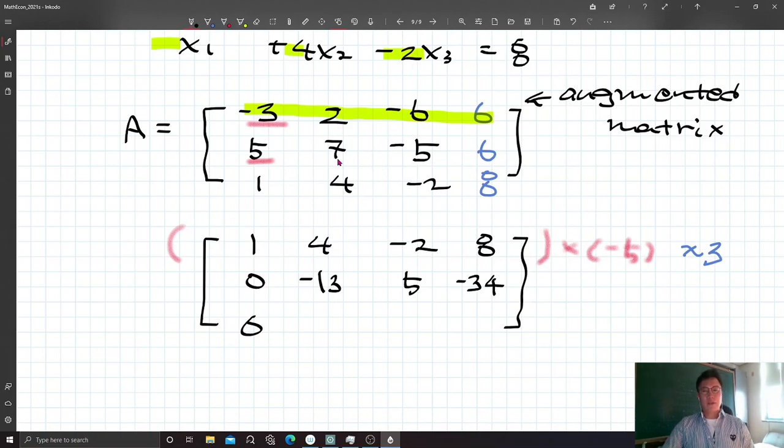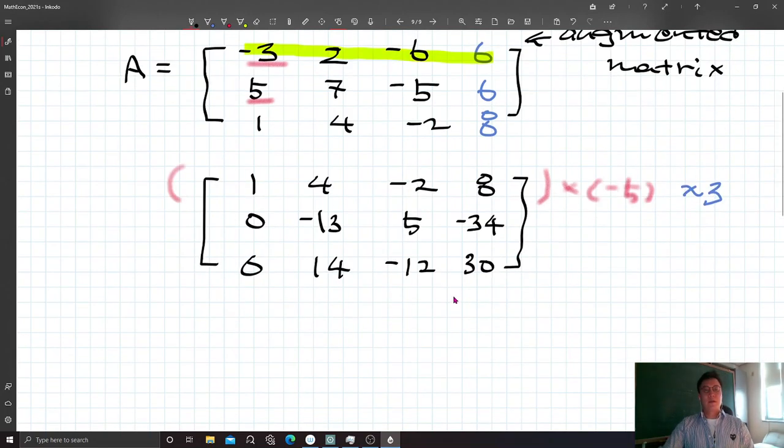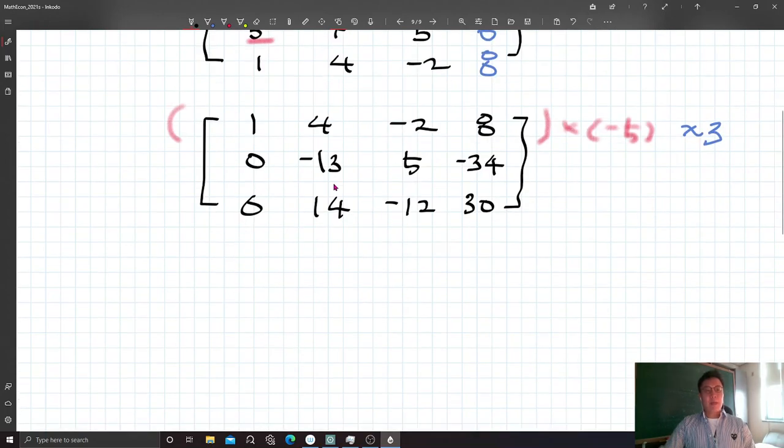Second, 2 plus 4 times 3, that is 14, and negative 12, and 30. Okay, so in order to transform this augmented matrix to this one, we used a row switching and the row addition. And we need a pivot 1 in the second row.